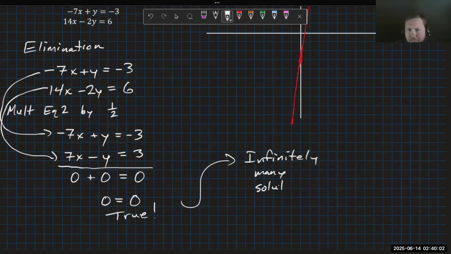I'm not going to restate what I said earlier, at least not write it down, but the solutions are all of the ordered pairs that satisfy any version of the equation.